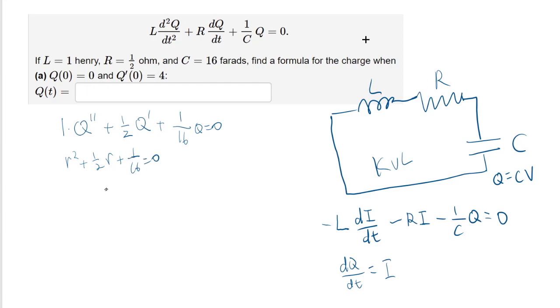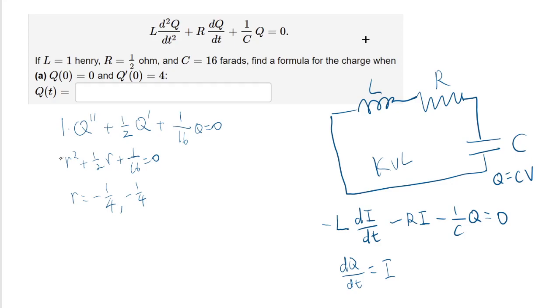You can solve this either using factoring or the quadratic formula. Either way, you'll see that this gives you negative 1/4 as the only solution. In other words, you get a double root at negative 1/4.